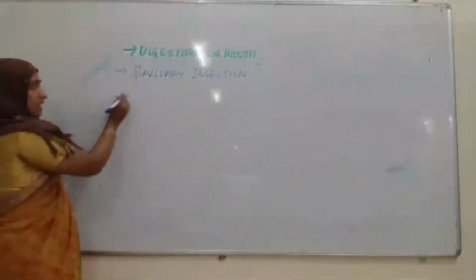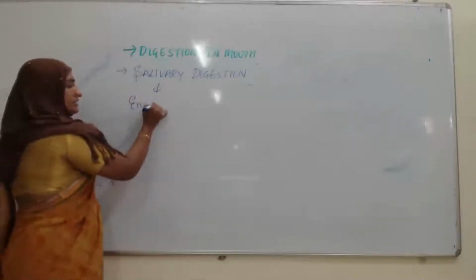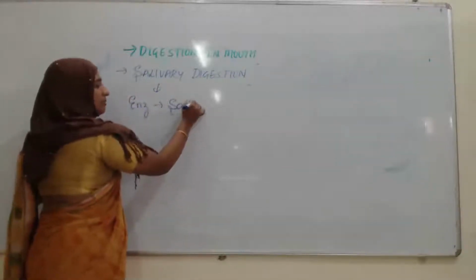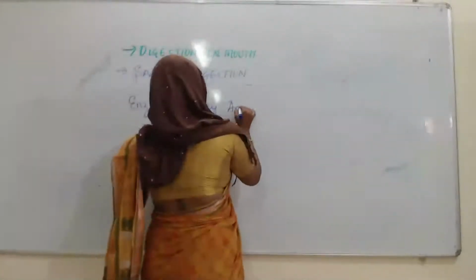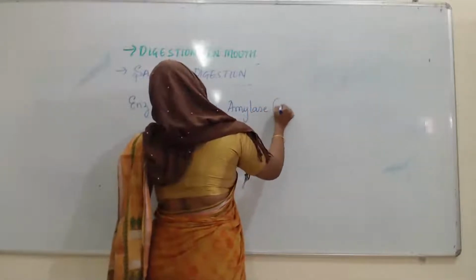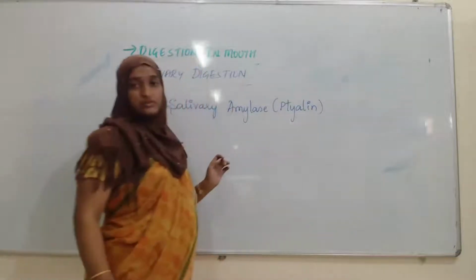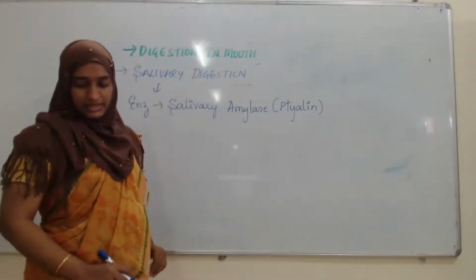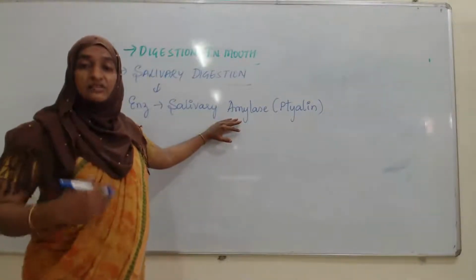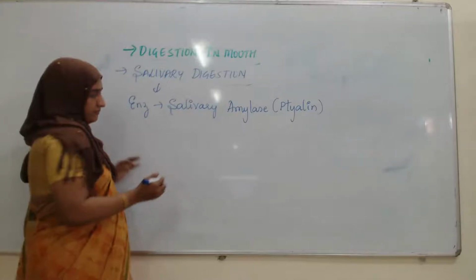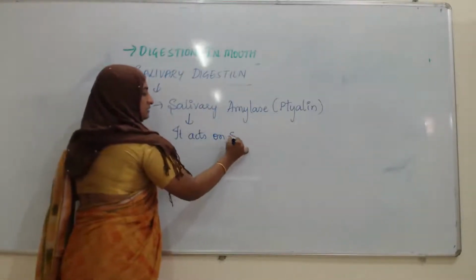Salivary digestion occurs in the presence of an enzyme. What is the name of that enzyme? It is the salivary amylase, which is also known as thiamine in the saliva. This thiamine or salivary amylase acts on the starch.